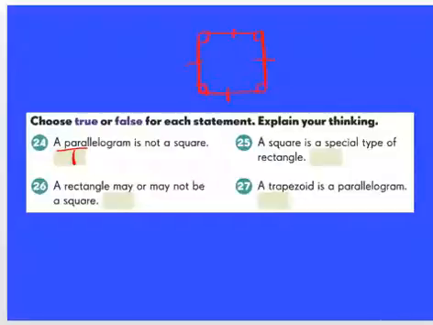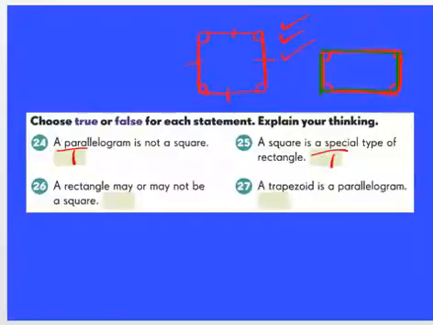So technically, all you need to be a rectangle are 4 right angles, which a square has, and 2 pairs of parallel sides, 1, 2, which a square also has, and opposite sides congruent. So these are congruent or of equal length, and these are congruent or of equal length. So a square has all the traits that a rectangle has. It just has one additional trait of all equal sides. So a square is a special type of rectangle, for sure.